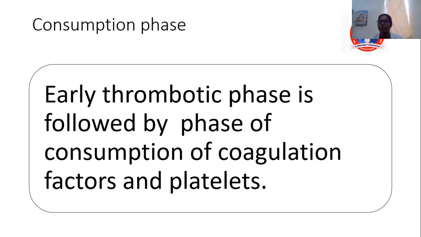Once there is deposition of thrombi, it comes to the consumption phase. Here, there is consumption of the coagulation factors and the platelets.